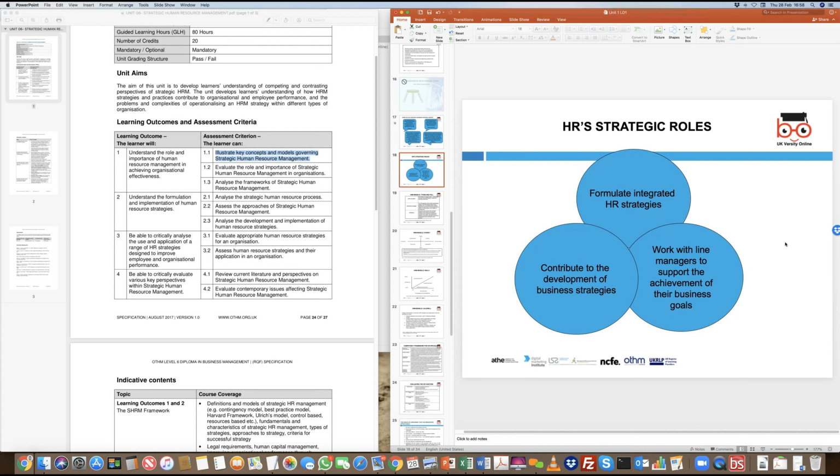So their role in working with some of these departments to ensure that they are able to move the goalposts forward would be part of the contribution, or working in conjunction with other departments, to ensure that the achievement of these objectives can be done.